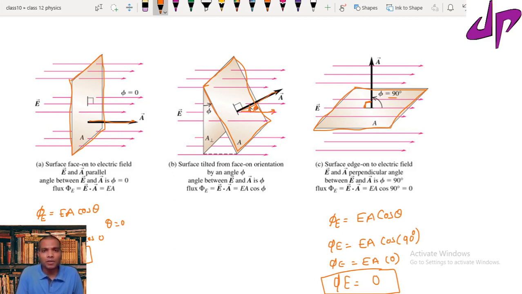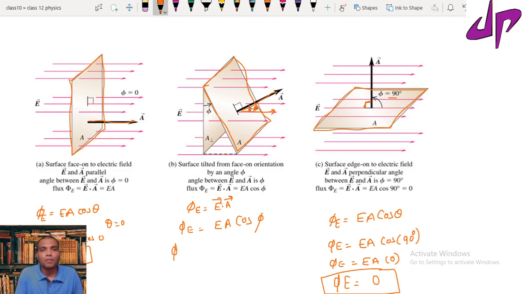Now in this case, what is the flux? Flux φE equals E dot A, the dot product of the area vector and the electric field vector. So this you can write in terms of E times A cos of the angle between them. Here the angle between them I am taking as phi.